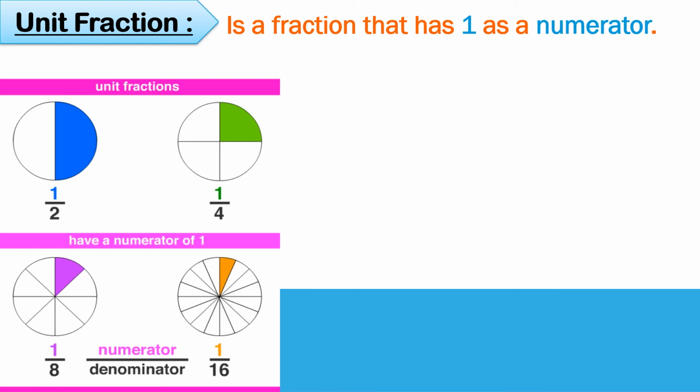Here also we have 1/8, and we have 1 in the numerator, so it's a unit fraction. Here we have 1 over 16, so this is a unit fraction because the numerator is 1.